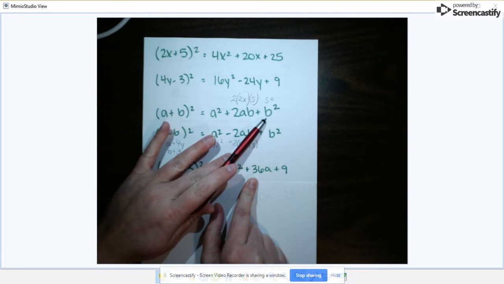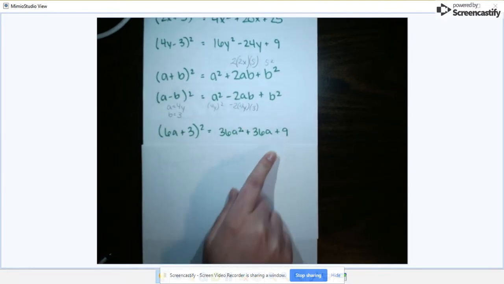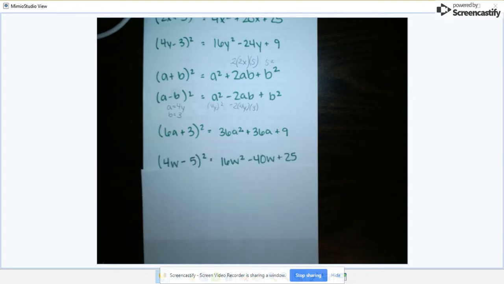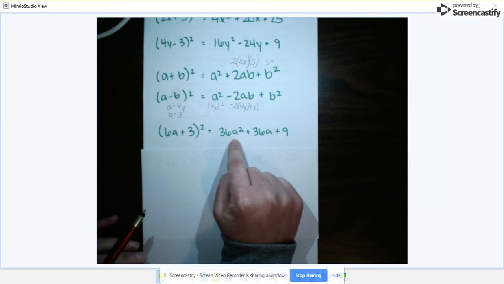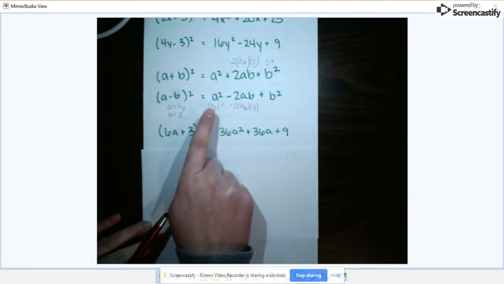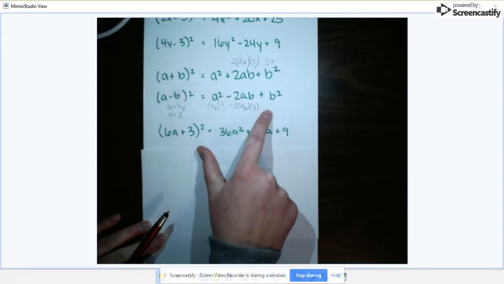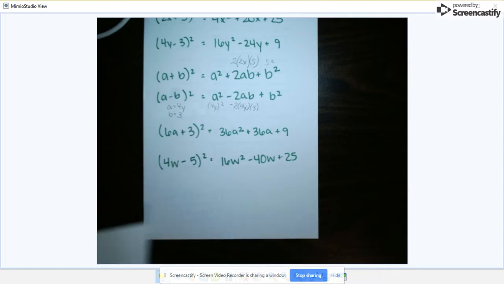And then b squared would be 3 squared, which is 9. If you need to write this step out in between, that's fine. I probably should have done that in the video. But if you need to define what is a, what is b, and then write out how that fits into our formula, do that. I'll try to do that for this example.